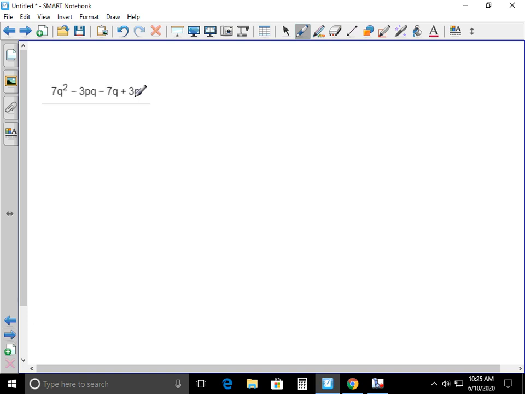And then lastly, we have this one. They don't all have anything in common, so we're going to group those two and those two. For the first two, 7 and 3 don't have a common factor other than 1, but both terms have at least a q. Out of the first term, if we take a q out, we still have a 7, and if we take a q out of that, we have another q.